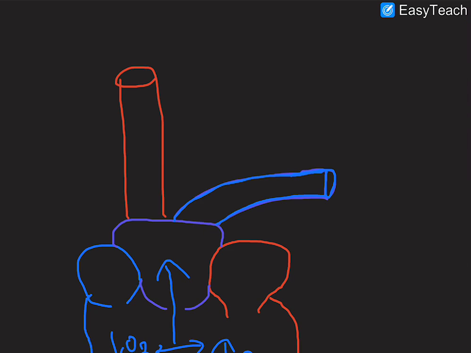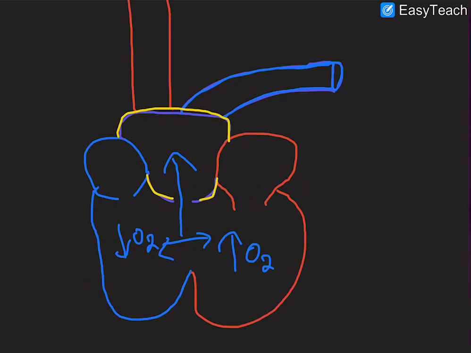Okay, so this single tube right here is what truncus arteriosus is, right? This is the truncal valve, the truncal semilunar valve. You get oxygenated blood in the left ventricle, deoxygenated blood in the right ventricle, right?